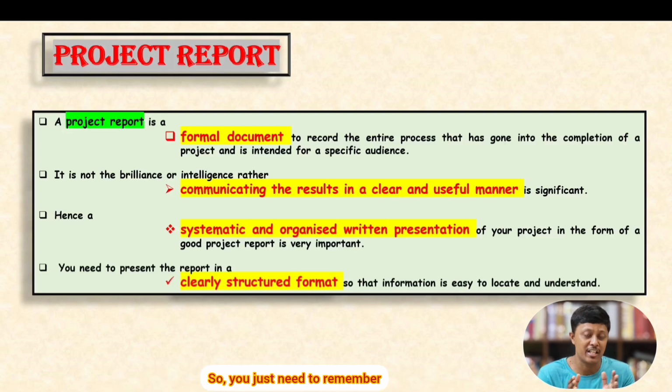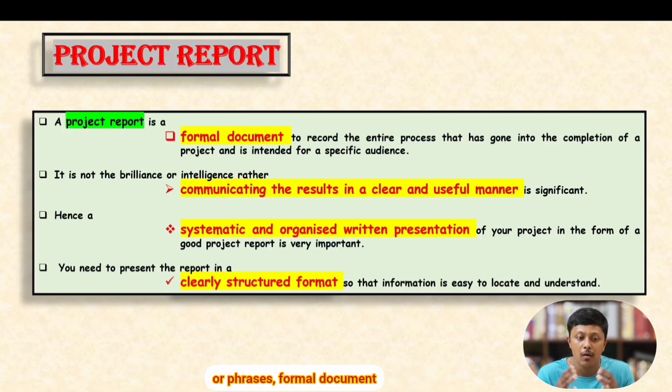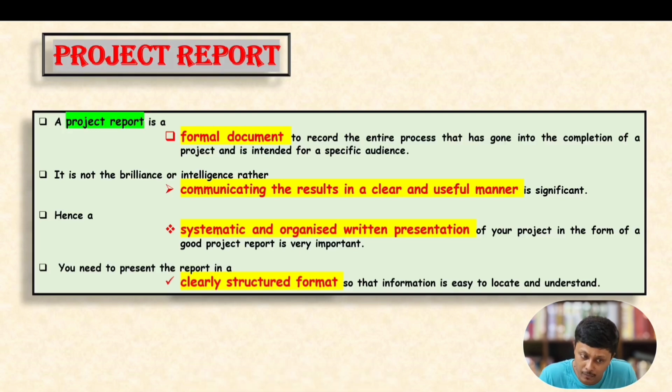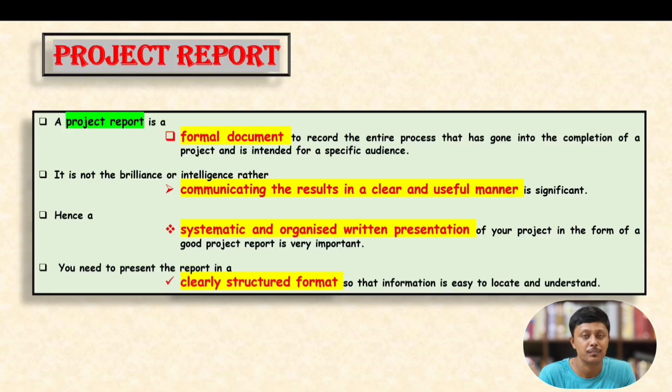So just remember what a project report is by remembering those bold phrases: formal document, communicating the results in a clear and useful manner, systematic and organized written presentation, and clearly structured format. These are the basic factors you need to understand clearly.